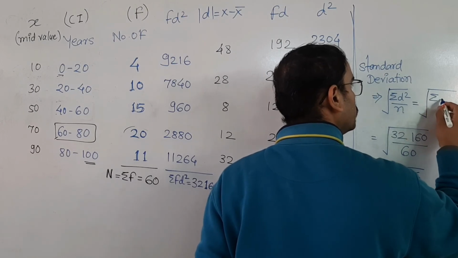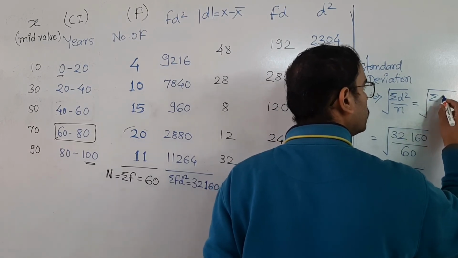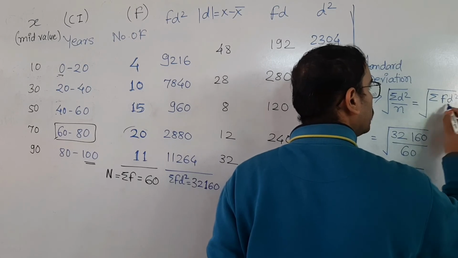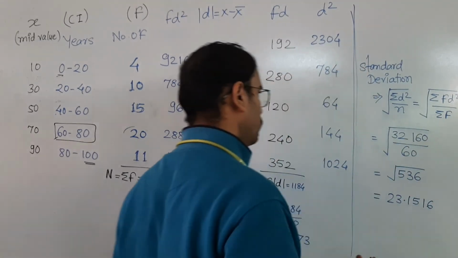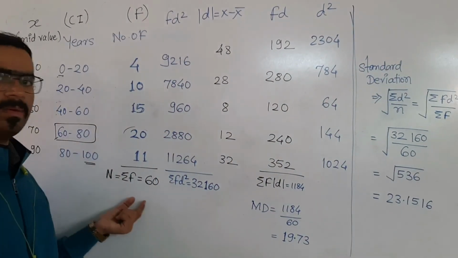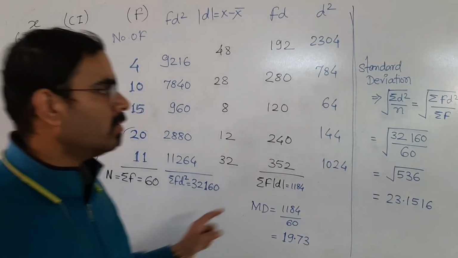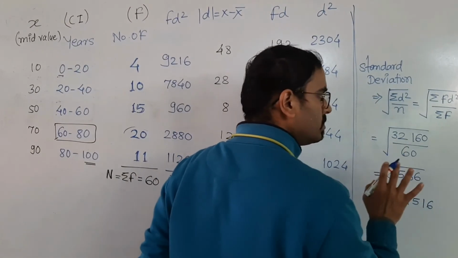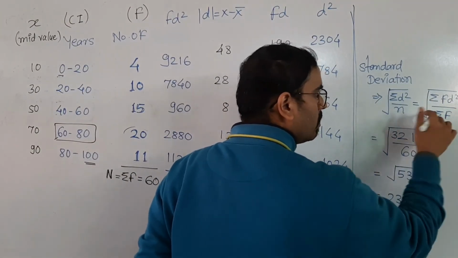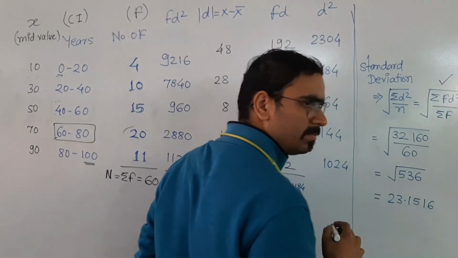The formula will change and it will be like summation f into d square divided by summation f, because we know that n is nothing but summation f. So in this example we have frequency terms, so we have to consider this formula. So that will be the formula.